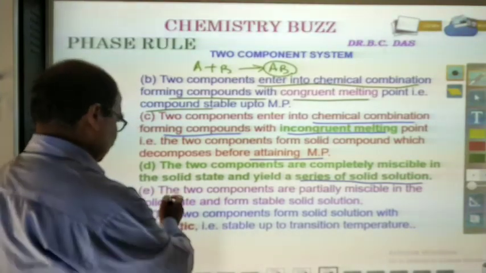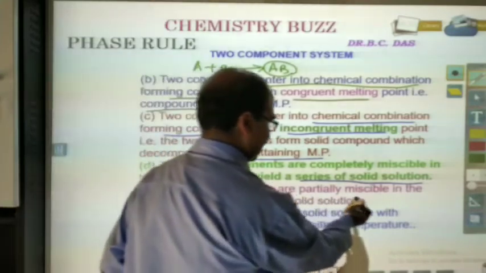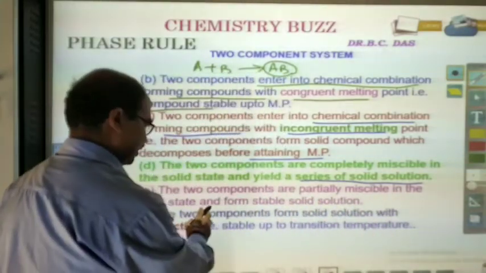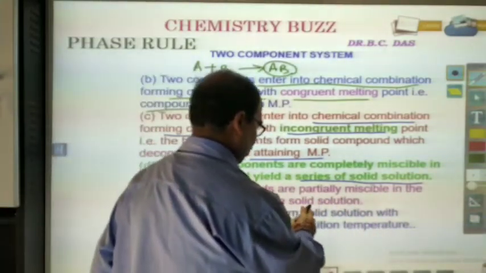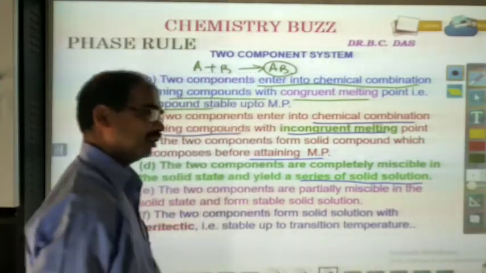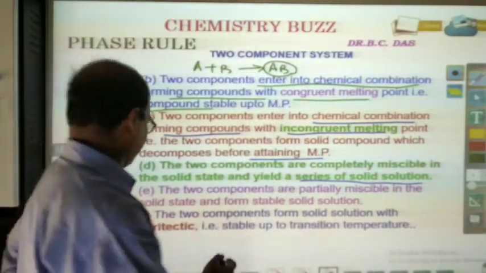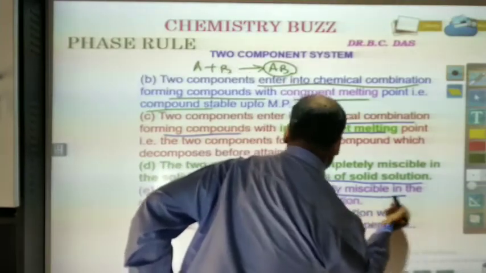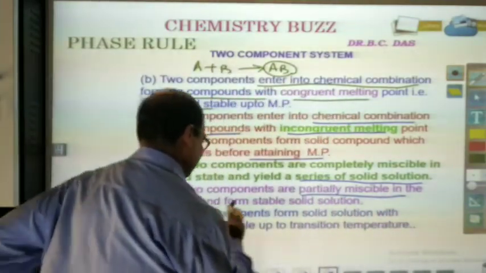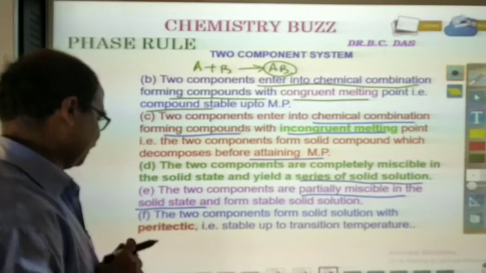The two components are partially miscible in the solid state and form a stable solid solution.